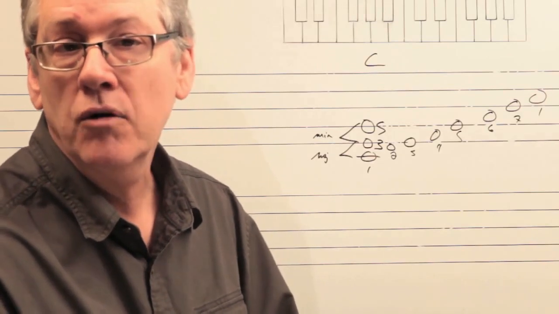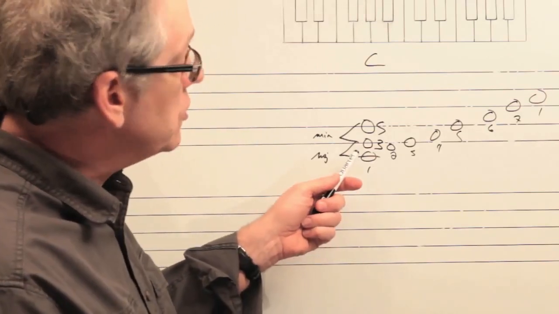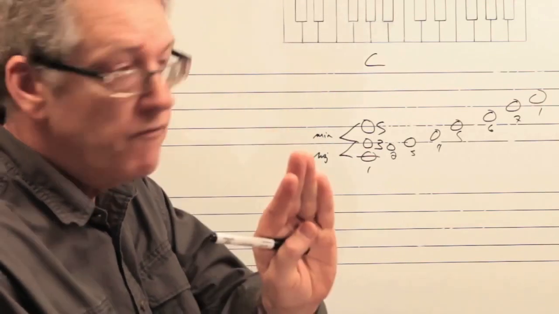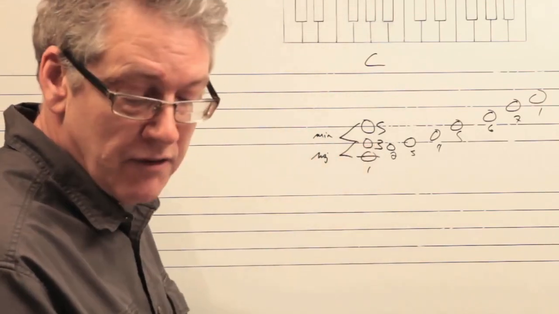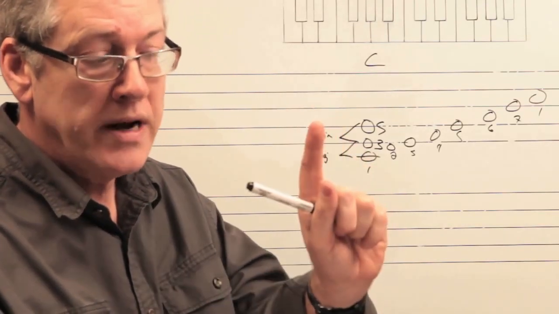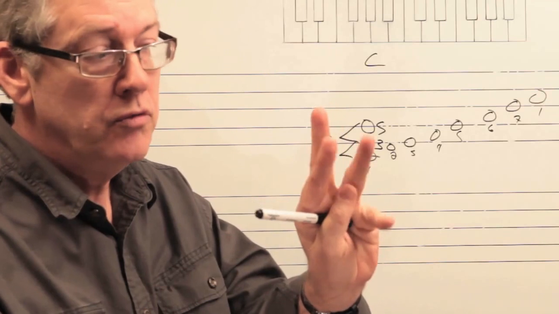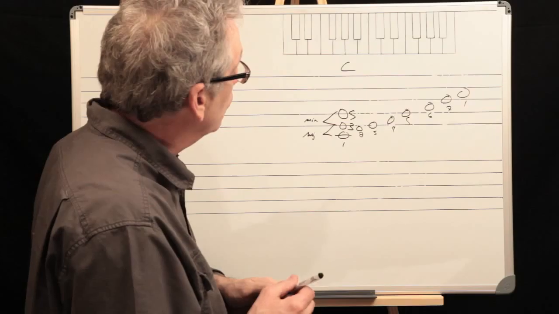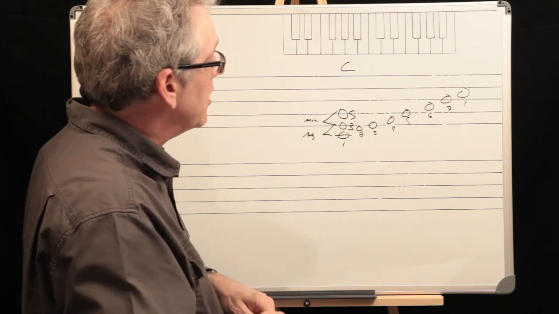There's C, C sharp, 1, 2, 3, 4 half steps up to E. And from E to G is minor. E up to F is 1 half step, F sharp 2, 3, okay? 3 half steps, so that is a major triad.